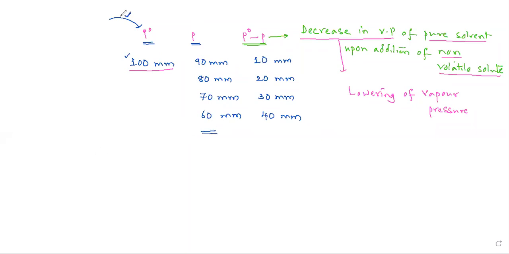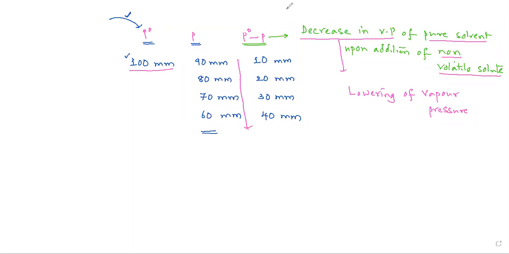As the non-volatile solute is added, I mean, as the concentration of the solute is increased, look at this. The vapor pressure of the solution went on decreasing. So these two are inversely related.